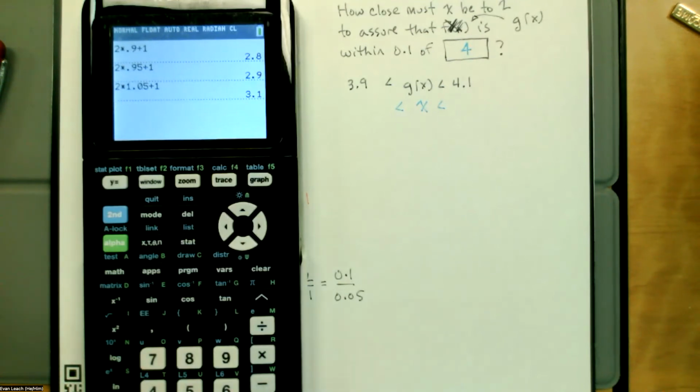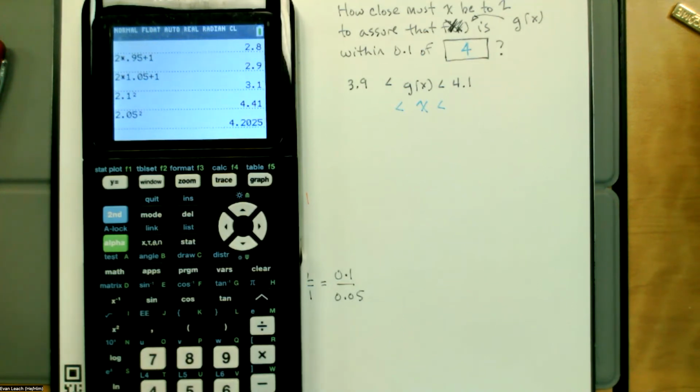I'm guessing, and now I'm going to check. If I plug in, let's say, 2.1 and square it, that is too far away. That's like 0.41 away. Too much. So what if I cut that in half? So like 2.05 squared. So I've gone from a delta of 0.1, too big, for an epsilon of 0.41, to a delta of 0.05.